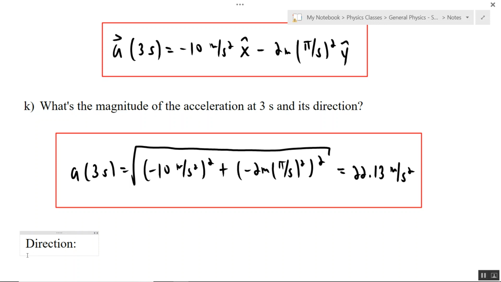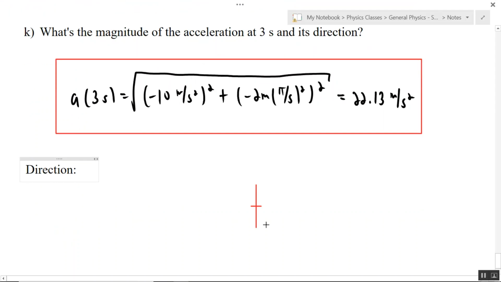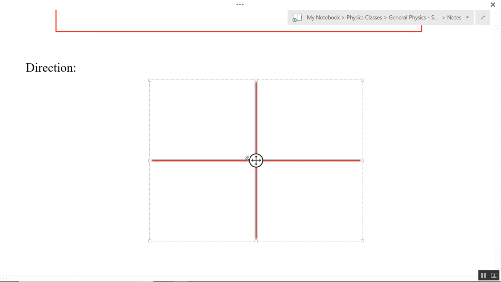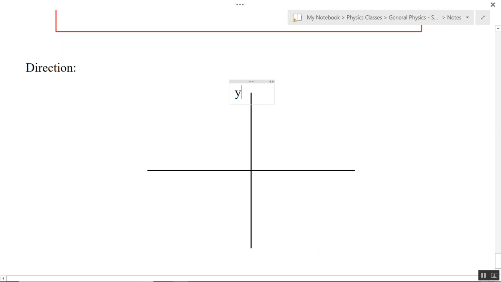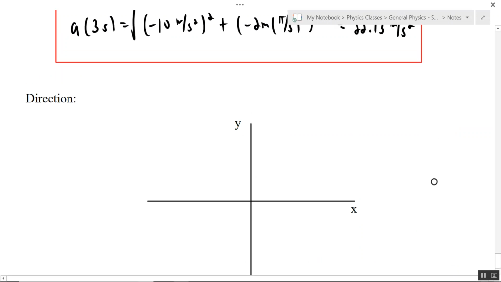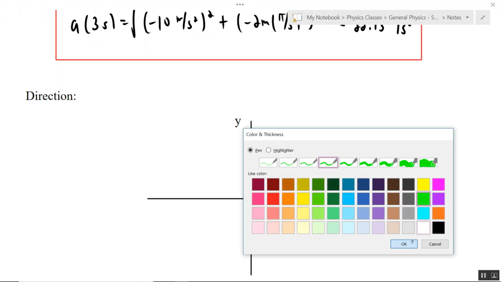Okay, so how do you find the direction? By direction, I mean angle, right? You have to sketch it out, or at least you should. I'll do it in green just to mix it up.